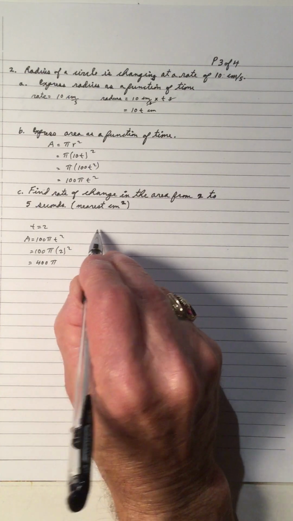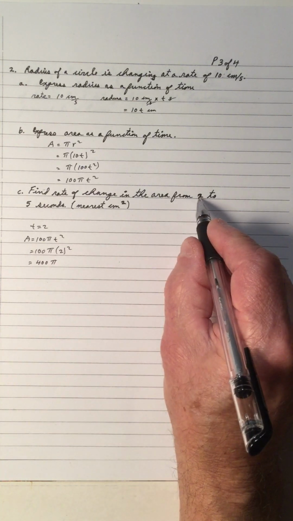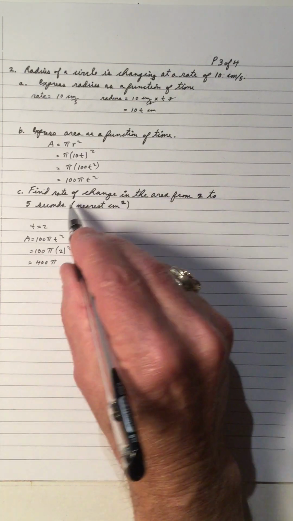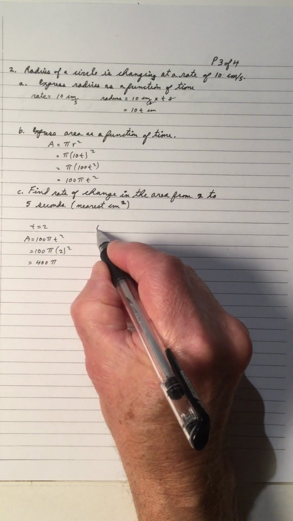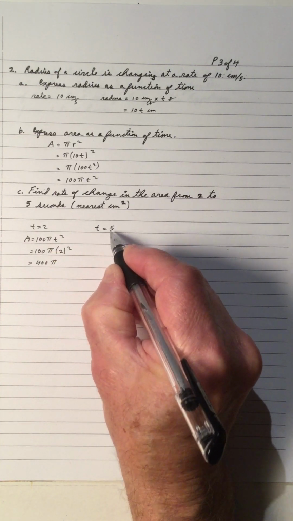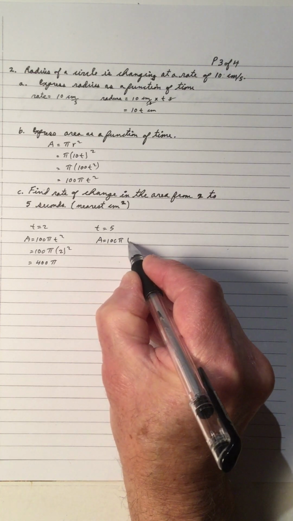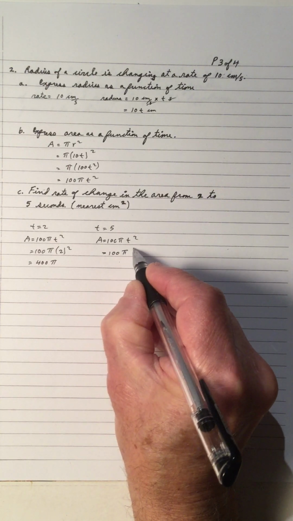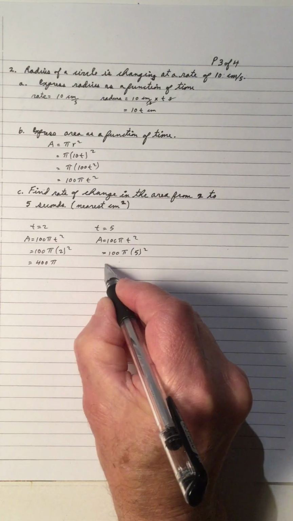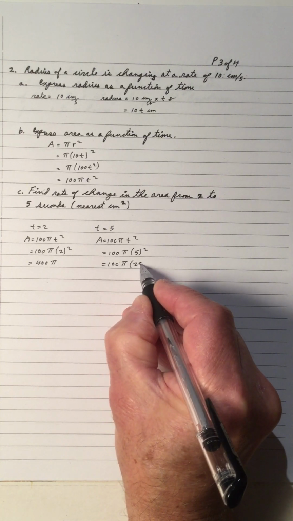And what about when it changes? Let's find the rate of change in the area from 2 to 5 seconds. So t is 5, so the area is 100 pi t squared, 100 pi 5 squared, 100 pi 25.